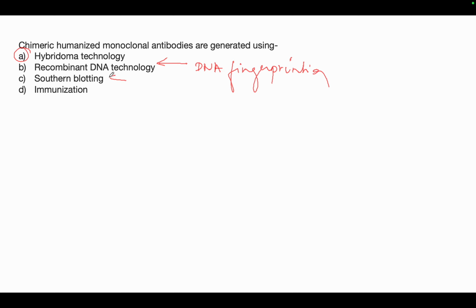Southern blotting is also DNA hybridization. Immunization is different, where you expose antibodies and antigen in order to generate vaccines, so that is completely different.